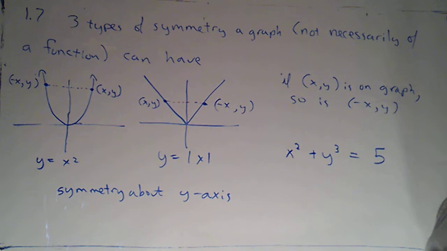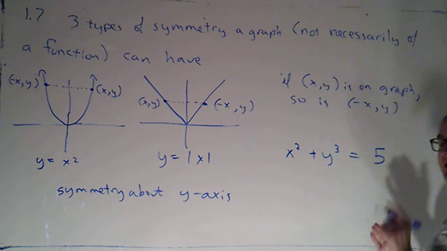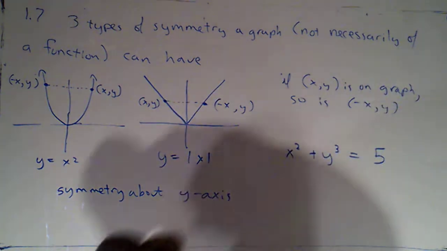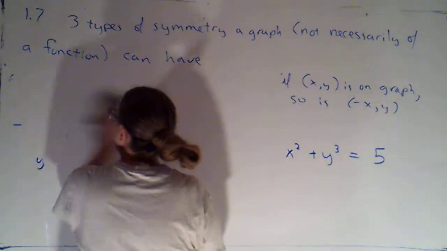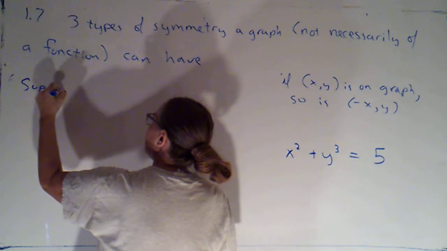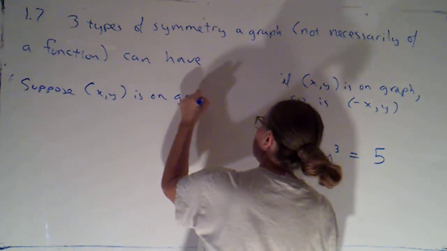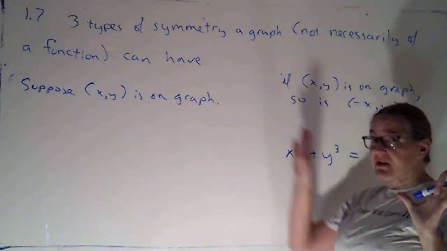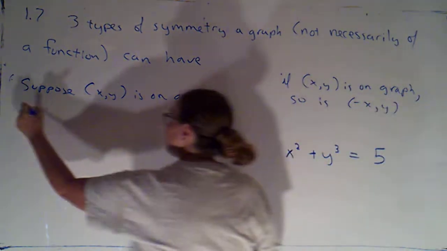So what I would do to test for this symmetry is I would say, if x, y is on the graph, that means, let me write this. Now, if I suppose that a point x, y is on the graph, then for that particular point, x, y, that makes this equation true.